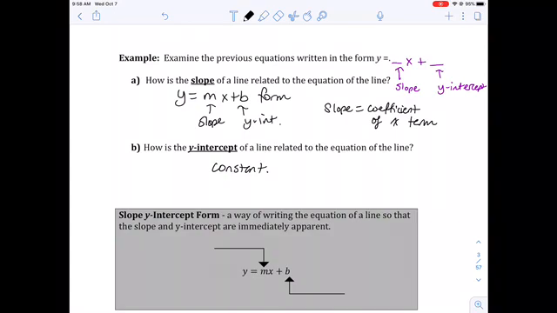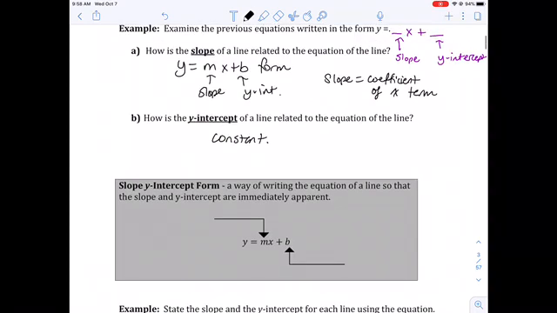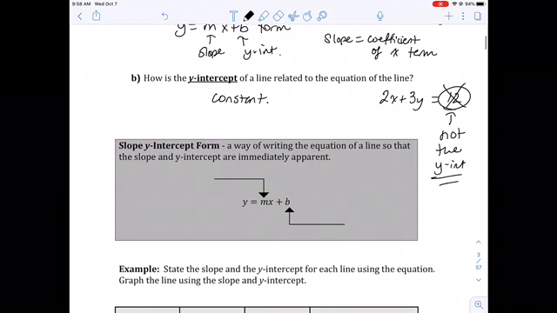But it has to be in this form. So for example, if I see something like 2x plus 3y equals 12, this 12 here is not the constant y-intercept. That's not the y-intercept, okay? It has to be in slope-intercept form.